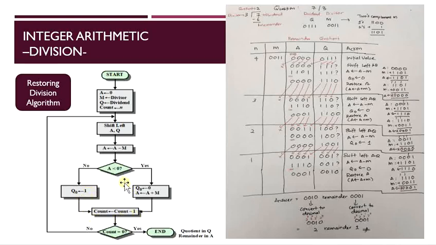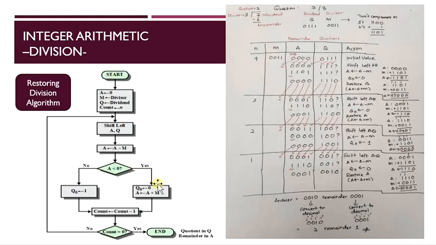If the MSB inside the A register is 1, it means that it is a negative number. If negative, it means that it is less than 0, and you need to go to the yes direction.